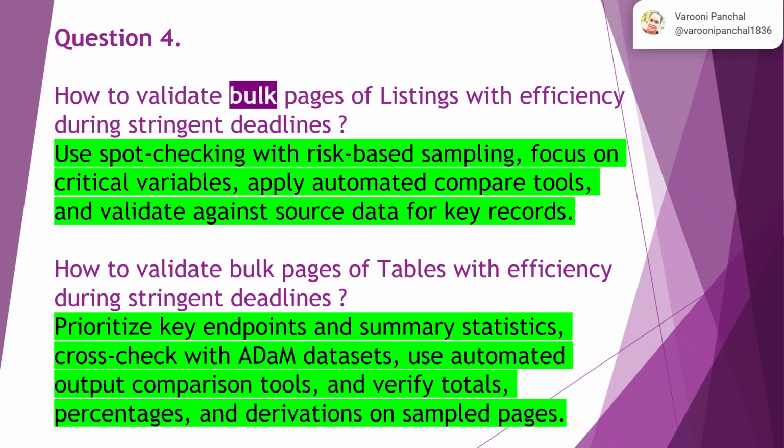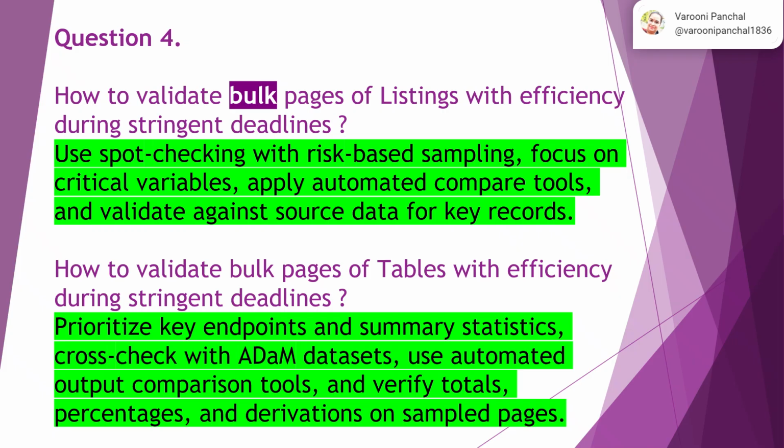Because based on that only the decision would be made whether we need to approve this particular medicine in the market. So in those scenarios you can prioritize the key endpoints, especially the efficacy.